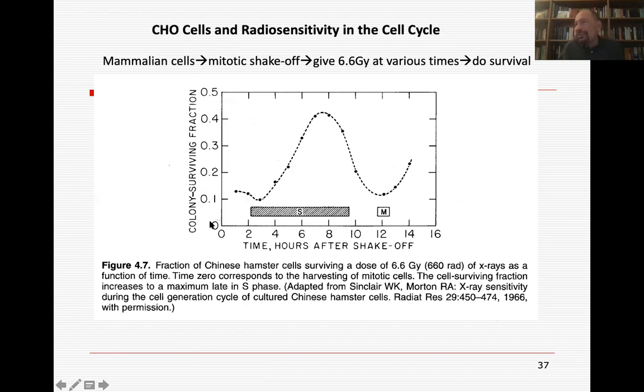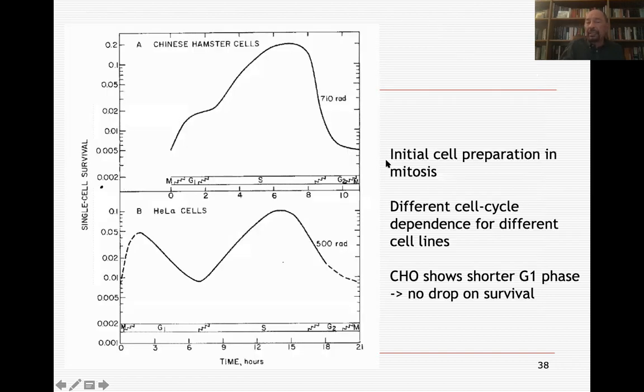Of course, you lose synchronization, but approximately, you see, you start here with cells that are in G1, at 1 hour after shaking. Then you are in S, and you see that the survival increases very much, S phase. Then they enter G2 and the survival decreases again until in M it is now back to the lowest value and then goes up again. So this kind of behavior is common.